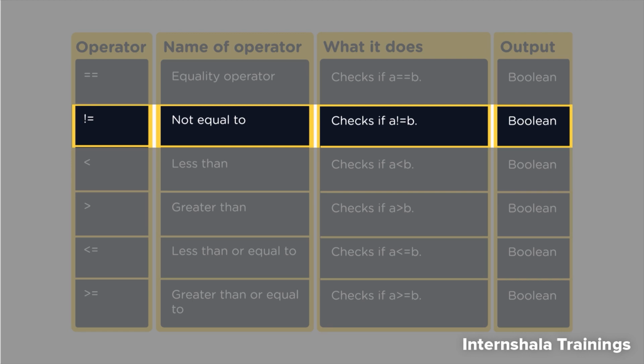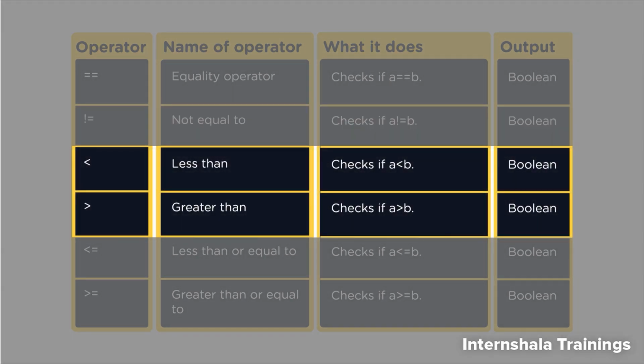This checks if the value of variable a is not equal to the value of variable b or not. The result will again be either true or false. It will be true if the values are not equal and false if the values are equal. So then, the result of the not equal to operator will always be opposite to the result of the equality operator.